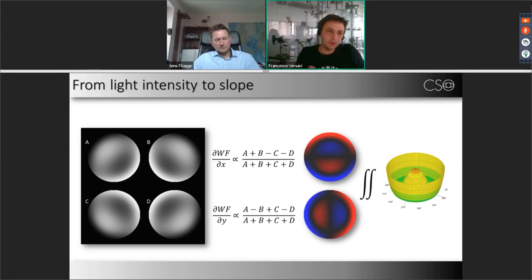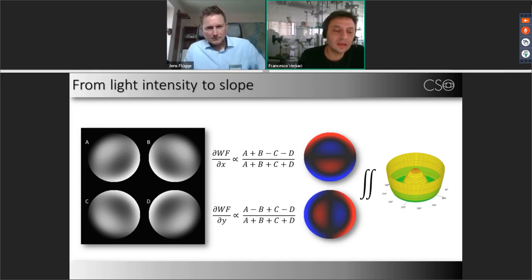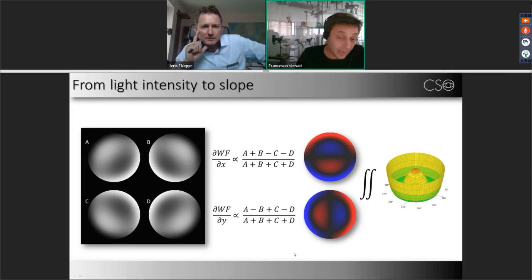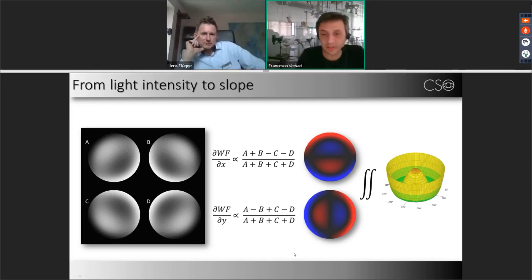So the slope creates some changes in the light intensity on the four pupils, and by means of this simple subtraction among images of the pupil, I can calculate the derivative of the wavefront along x and y.